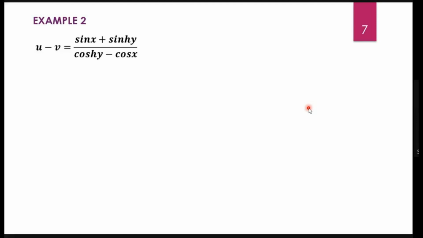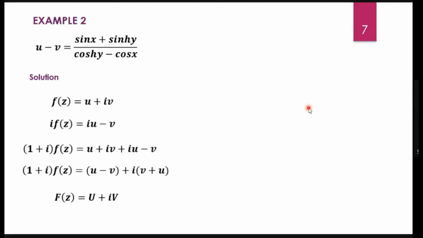So जब भी u plus v and u minus v is given, we have to write those steps. f of z equal to i into F of z, वो लिखना है. हमेशा ये problem solve करने के पहले you have to write those steps. So u minus v is equal to दिया हुआ है. So we'll start with F of z. i f of z, 1 plus i, then capital F of z. Okay, these steps are to be written whenever you are solving u plus v or u minus v.